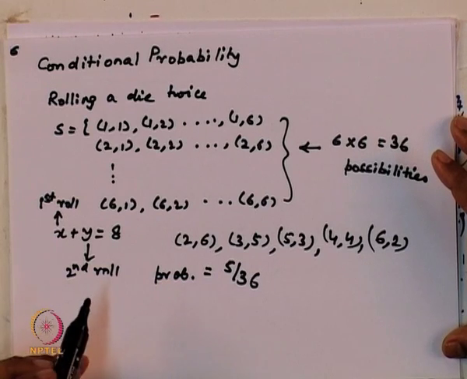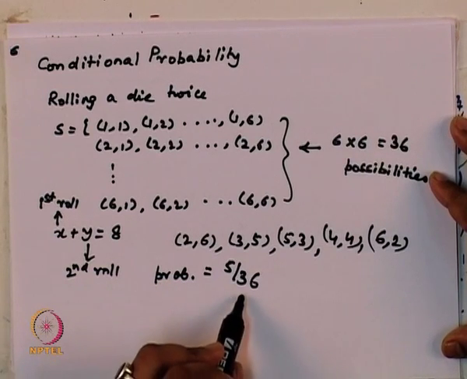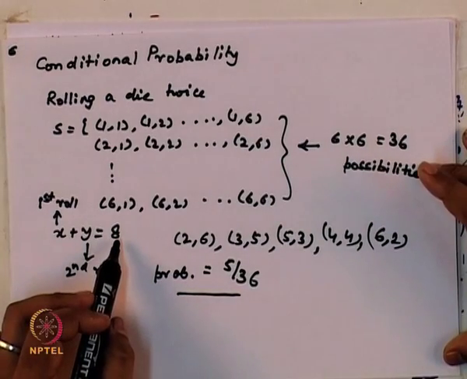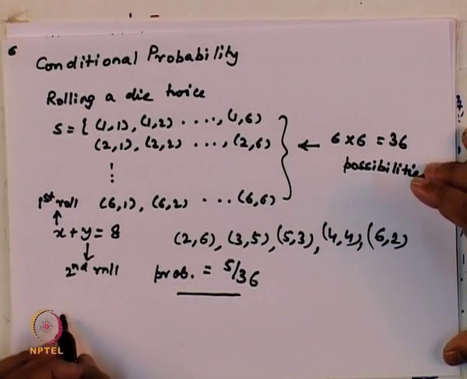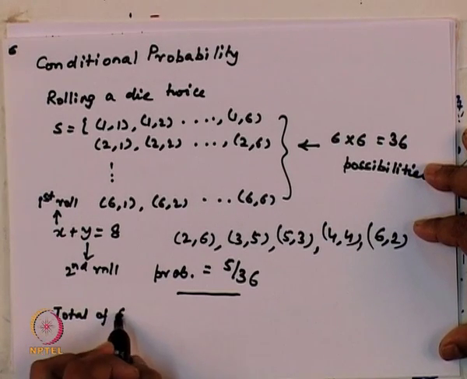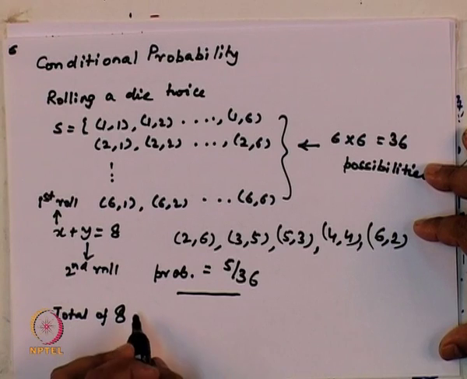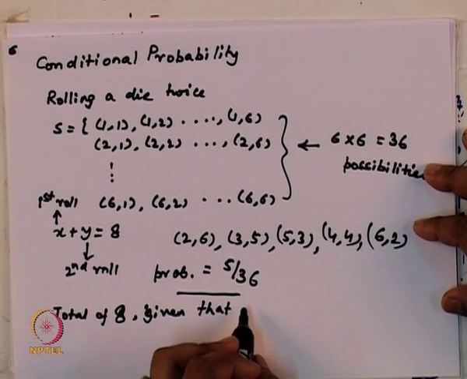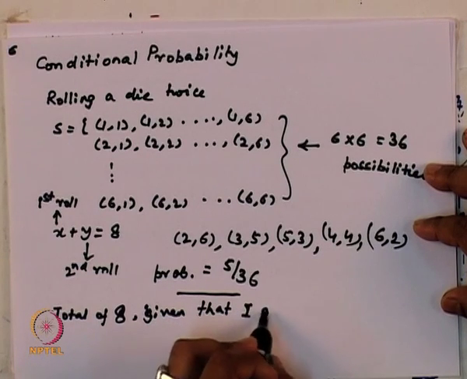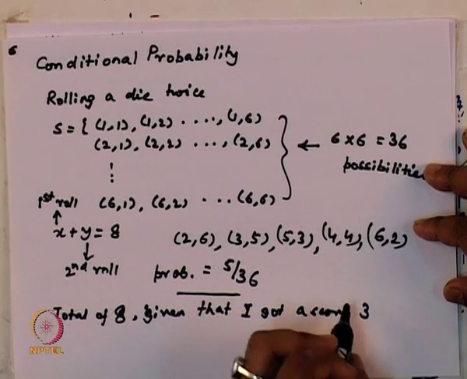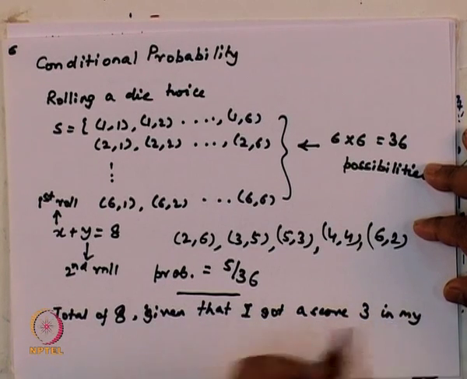Okay. Now, let us say I want to find the probability of the total score being 8, given that I got a score of 3 in my first roll.